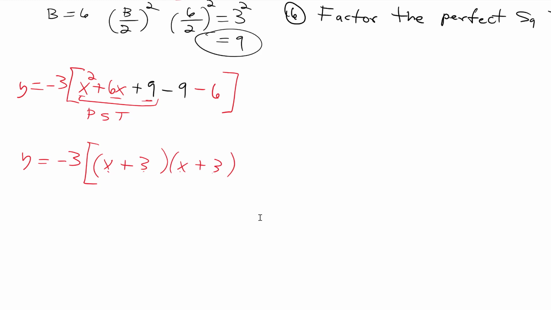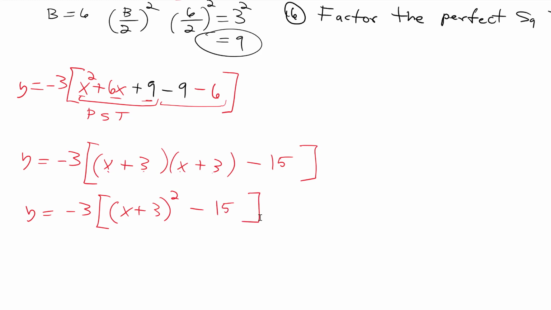So we're good here. Then we have to look at this piece right here and say -9 minus 6 is -15, then close bracket. So simplifying this further, we get negative 3 times (x + 3) squared minus 15.